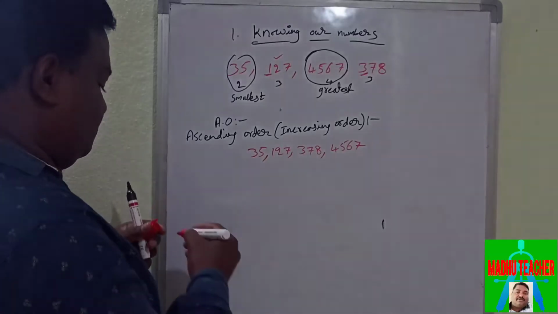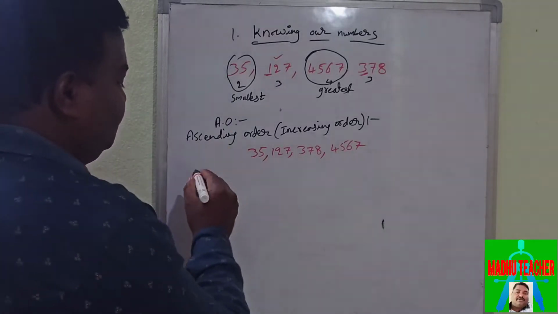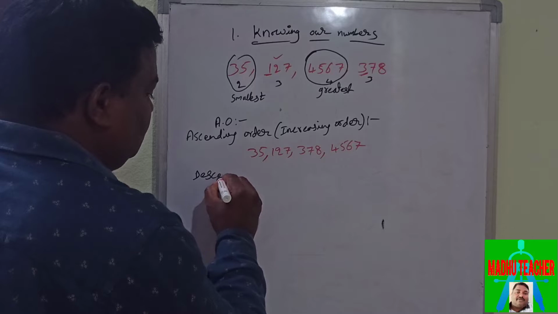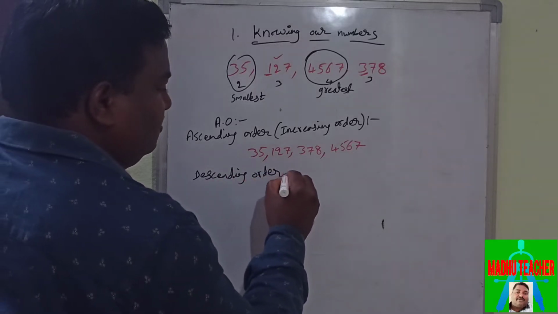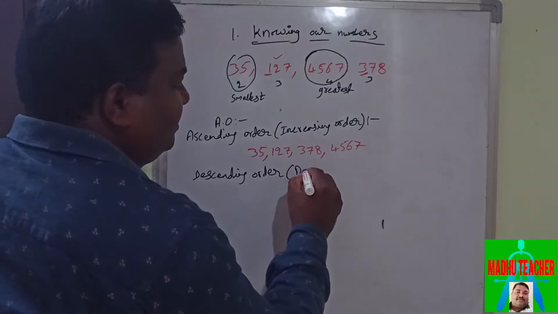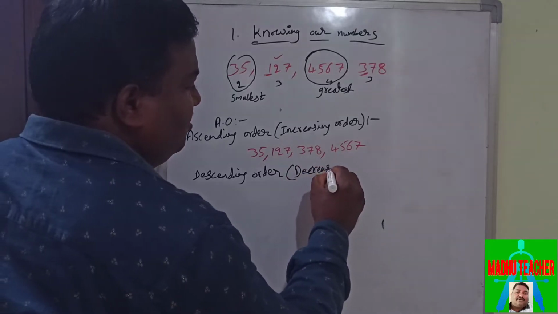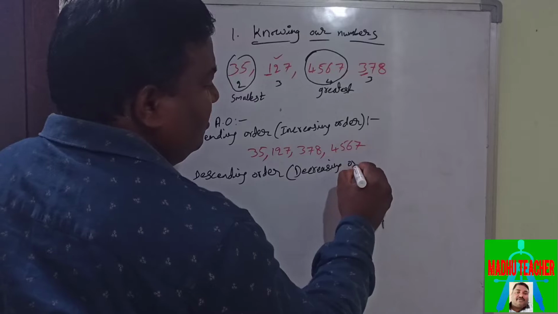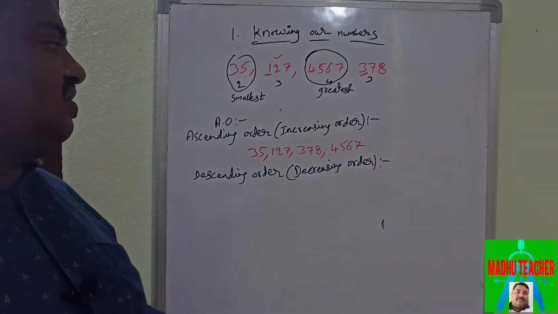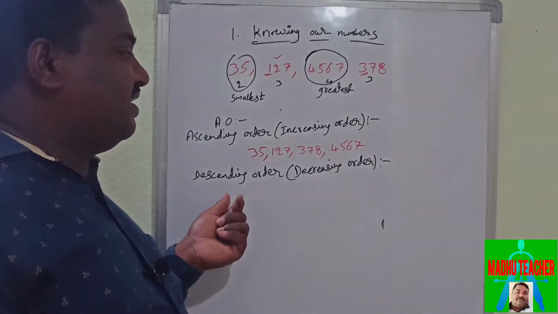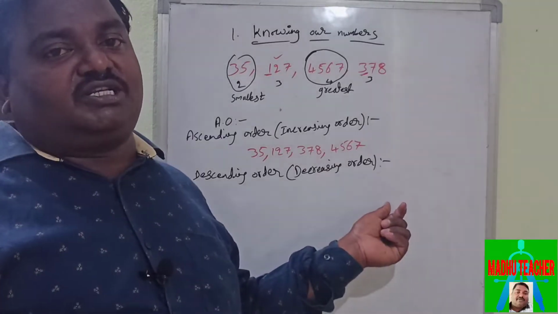And descending order. This is also called decreasing order. What is decreasing order? You have to write from the greatest number to the smallest number.